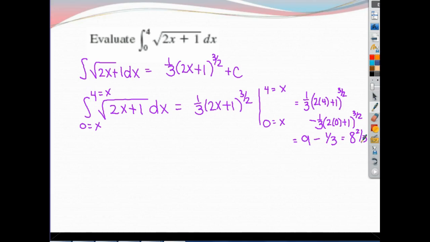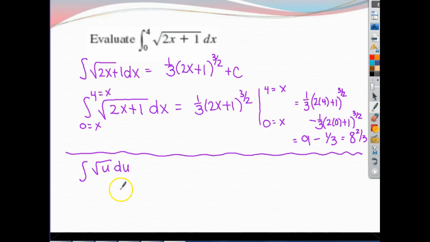All right, here's what I want you to do. I want you to go back to that example 1, and I want to change it. I want to talk about the answer before we plug the x back in. So I want to talk about what we got in terms of the u's.